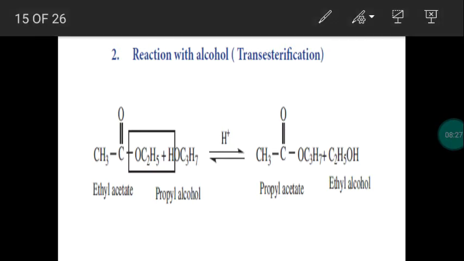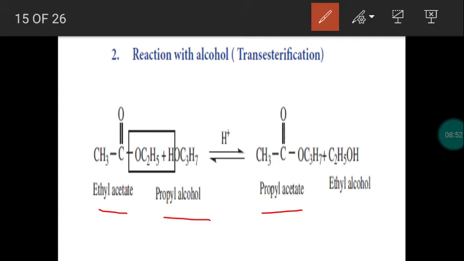Next one, this is a public 3-mark question. Write a note on trans-esterification process. So in this process, one ester will be converted into another ester. Consider an alcohol, n-propyl alcohol, CH3CH2CH2OH. So this n-propyl alcohol is added with ethyl acetate.